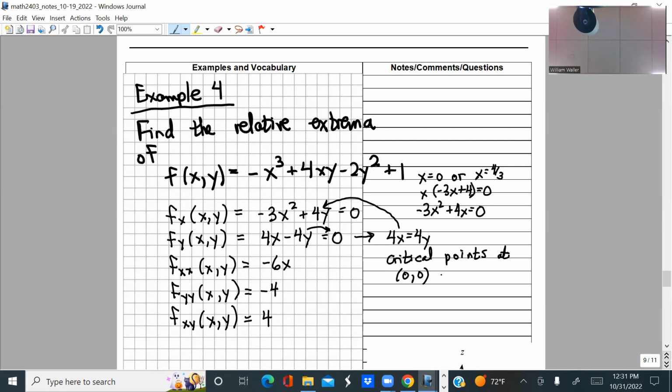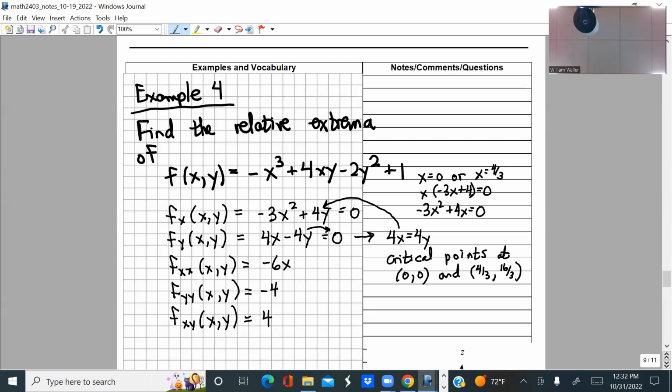And then what's the other one? Plug in x equal 4/3. Is that right? So that turns out to be what? 16/3? If I'm looking at that right.